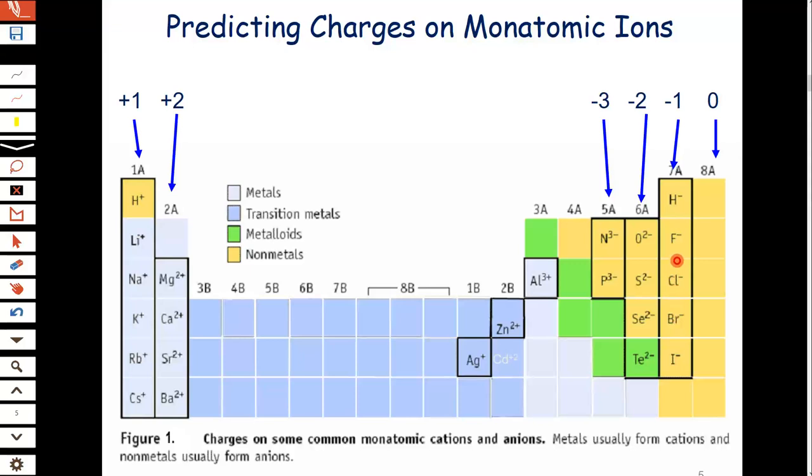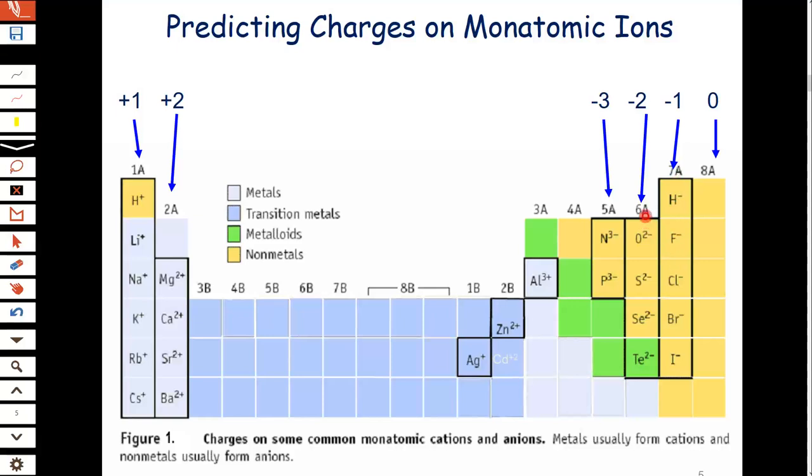Why? Because in the outermost shell they have 7 electrons, and they want to gain 1 electron to be stable. So understanding the periodic table and the electron configuration of elements is the key to understanding why these ions will be formed like this. Okay, so the 7th group elements, which are called halogens, will be negative 1 ions.